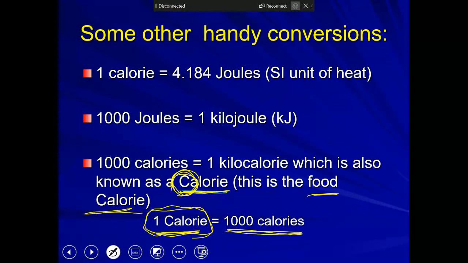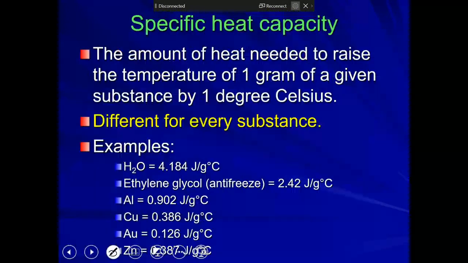We're talking about 2,000 times another 1,000 to make it the small c calories. So that's really like 2 million small c calories to apply to water and make the temperature go up. So anyway, just note that when we talk about a small c calorie, it takes 1,000 of those to be 1 calorie in your food, okay? So your food's giving you a lot of energy.